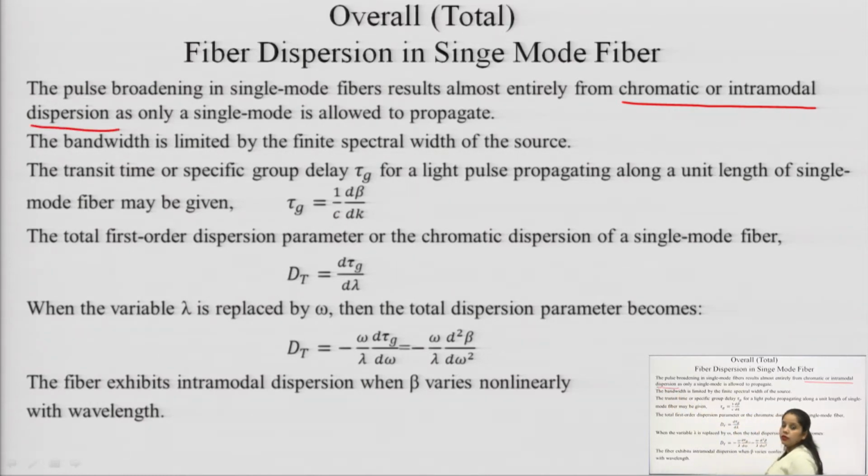dispersion. So, whenever we talk about the total dispersion, it should include both the intramodal and the intermodal dispersion. But as we know, intermodal dispersion exists due to the delay difference between the different rays propagating inside a waveguide. In the case of a single mode fiber, only one mode is propagating, so the intermodal dispersion is almost negligible, equivalent to 0, since only one mode is allowed to propagate.